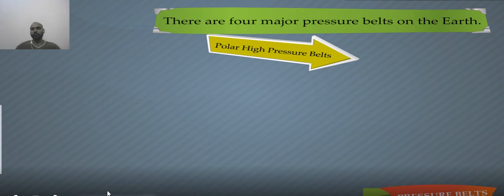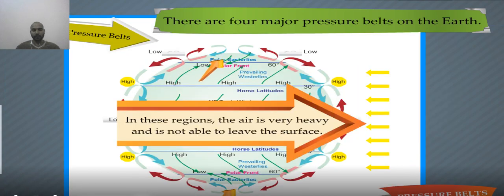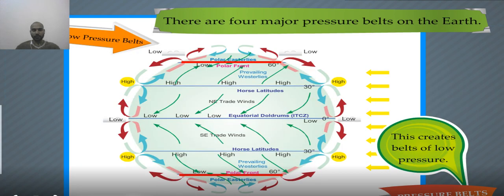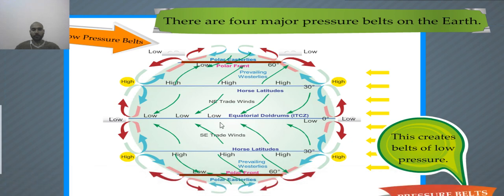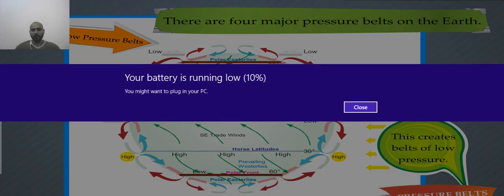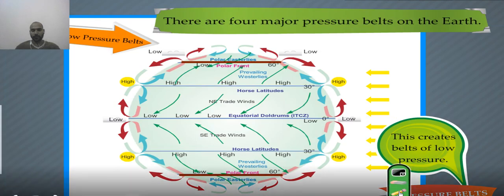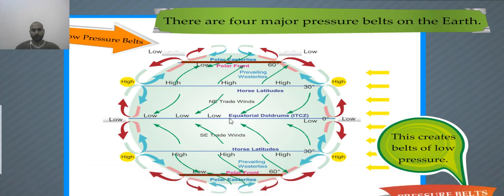So there are four different kinds of pressure belts, and with the help of this diagram we can easily understand. See, this area near the equator is the equatorial low pressure belt.